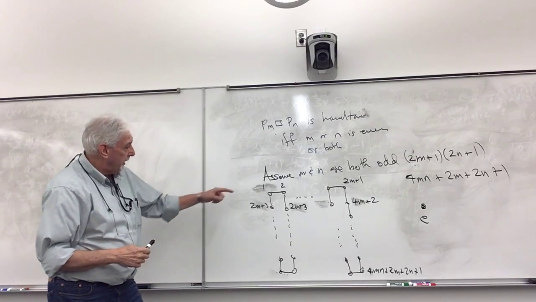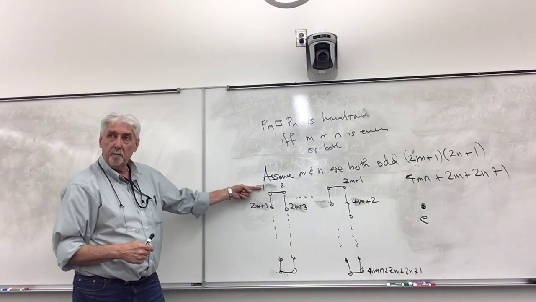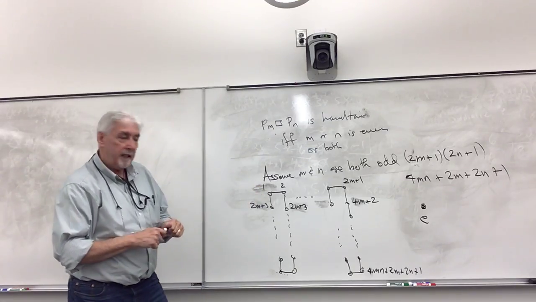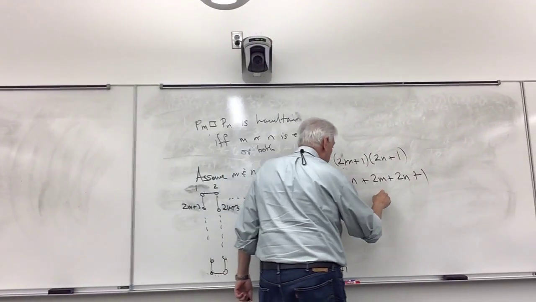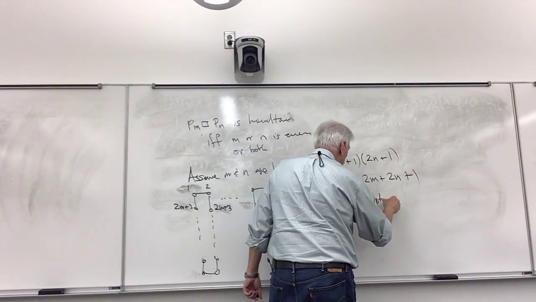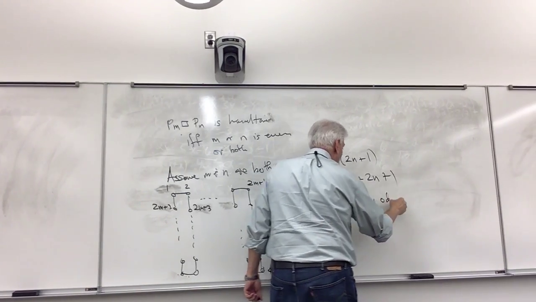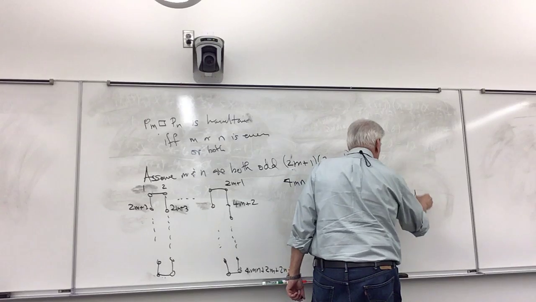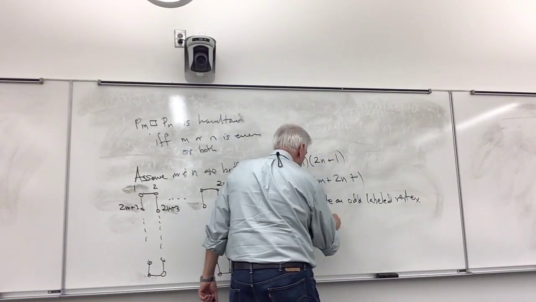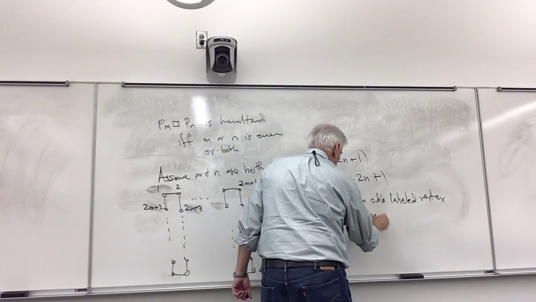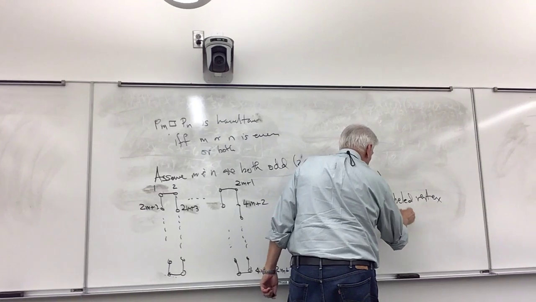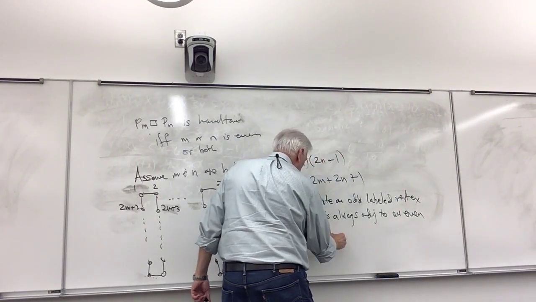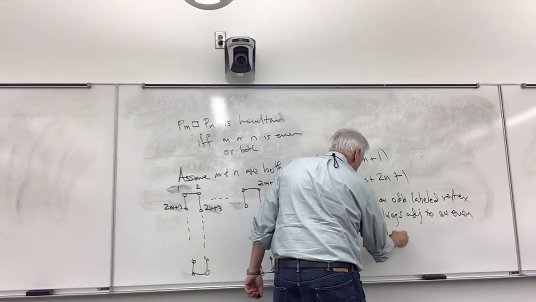And what's important is that an odd vertex is always adjacent to an even vertex. So note, an odd labeled vertex is always adjacent to an even labeled vertex. Is that clear?